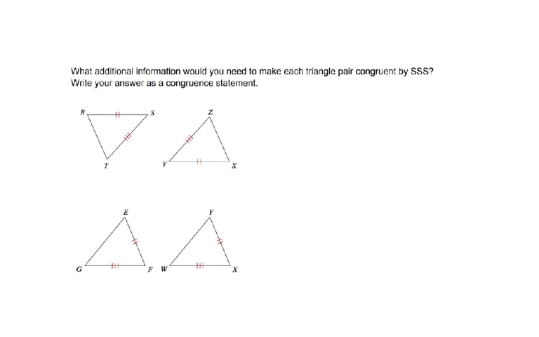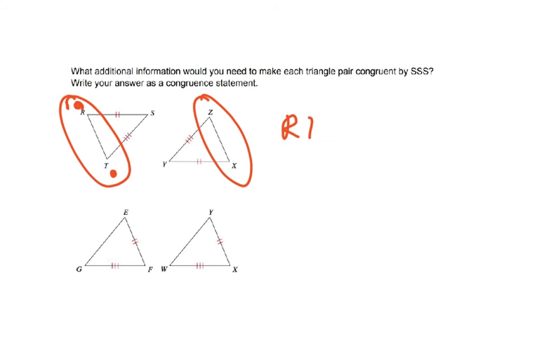So for side, side, side to be true, we also want to know, okay, what would I need to know? What extra information would I need to prove that the triangles are congruent? So for this one, the sides that I would need to know are congruent. If I do this right, so see how you got the 2 on the R side and the 3 on the T side?